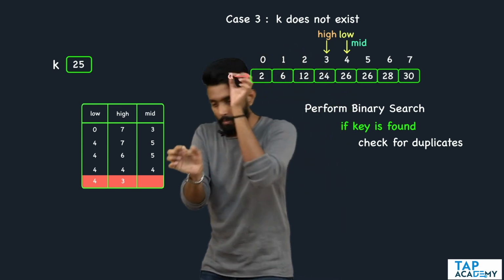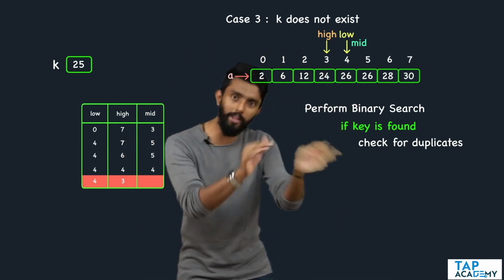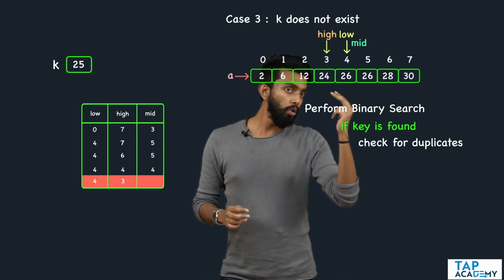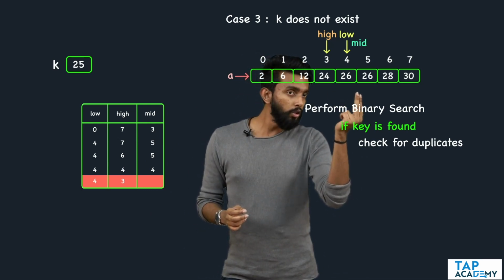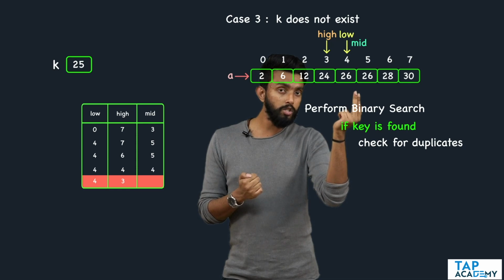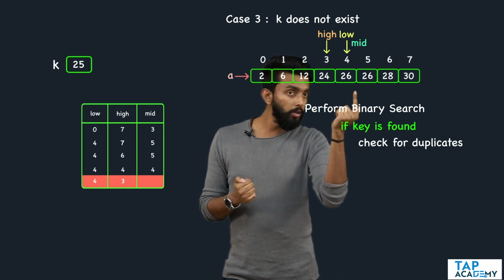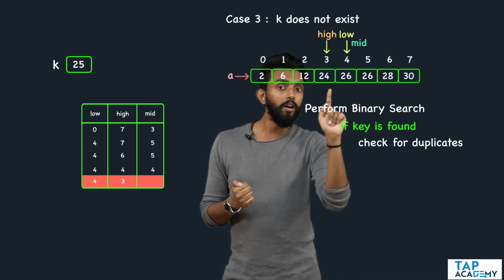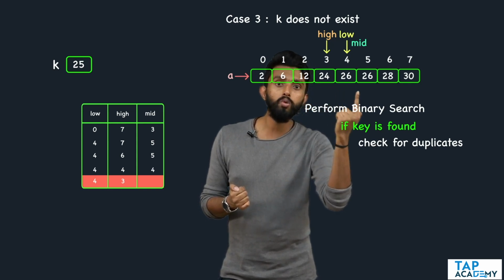It will come there only. Hope you are able to think. So what you have to do is, if really the element is not there, wherever the mid value is, you can return mid minus 1.